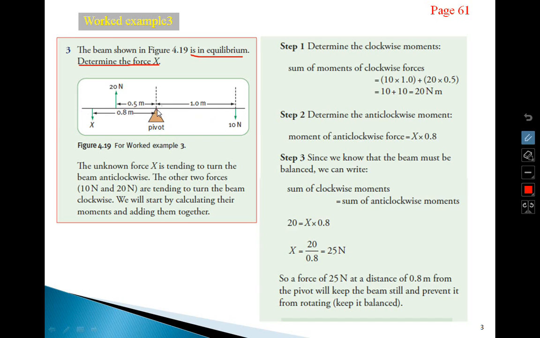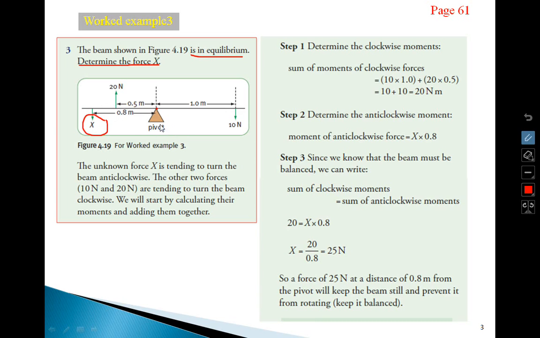Here the center is here, and we have 1, 2, 3 forces. We have 3 forces in different directions. Some of them clockwise and others anti-clockwise. So we need to determine the force X, or find the value of X.